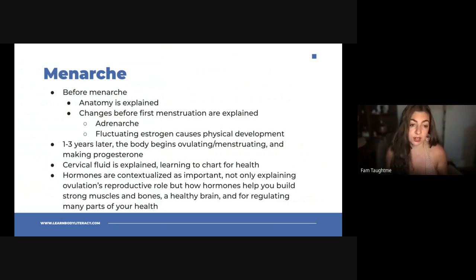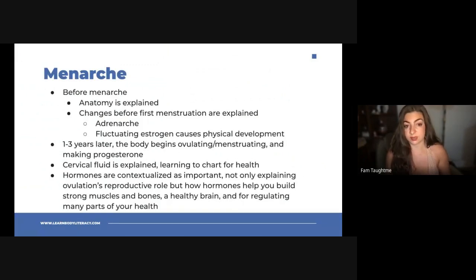And that can all occur somewhere in between childhood and around 1 to 3 years before you begin ovulating or menstruating. And then you start menstruating, and that's when you start making progesterone. So at that point, you can explain how this process is unfolding in the body.